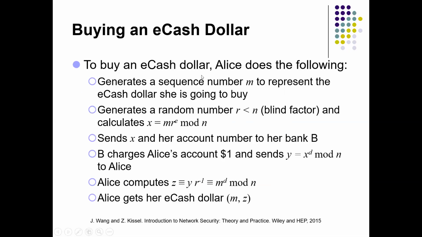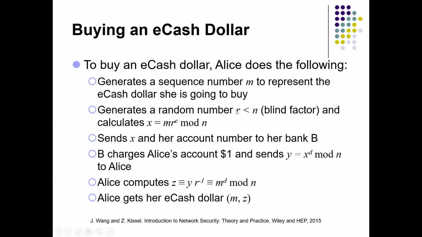Okay, so now suppose Alice wants to buy an eCash dollar. So what Alice would do is the following. First, she generates a sequence number M at random. This could be a random number she generates or follows on certain protocols known only to herself. That number is going to represent the eCash dollar she's going to buy.